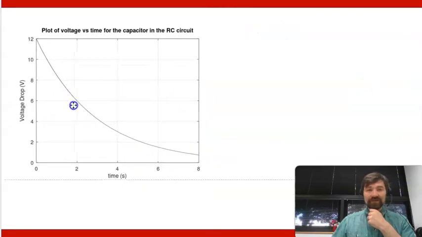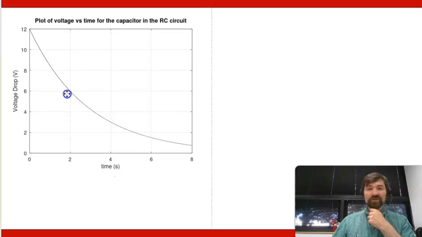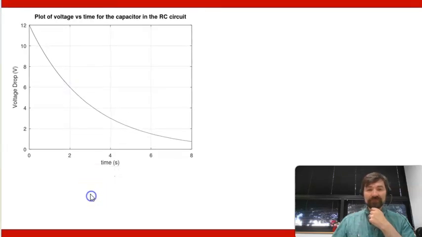So here's my graph. Again, we're assuming it's discharging, and so can you figure out what tau is from this graph and what the initial voltage is, and for that matter, what the graph for the resistor would look like? Note that the graph for the resistor, when I plot it, will have a minus sign in it because of how Kirchhoff's rules look.